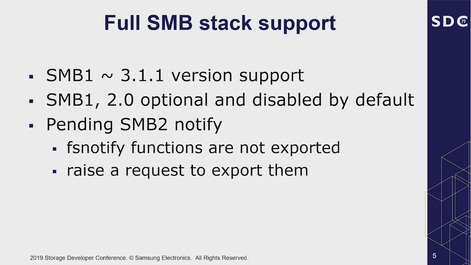The SMB notify command sends a notify event to the client when a file or directory in a share is changed by the local server or another client. We are planning to implement it using fs notify in the Linux kernel. The problem is that fs notify functions are not exported yet. We are currently requesting this to be exported.